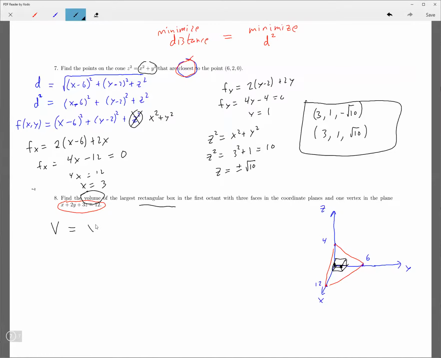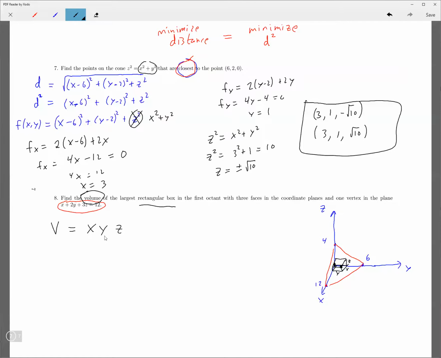It's just going to be x times y times z. Okay, so you choose a point on the plane, with coordinates x, y, z. And that means that this is going to be y, and that's going to be x, and the height's going to be z. And so the box is going to, for any point on this plane here.